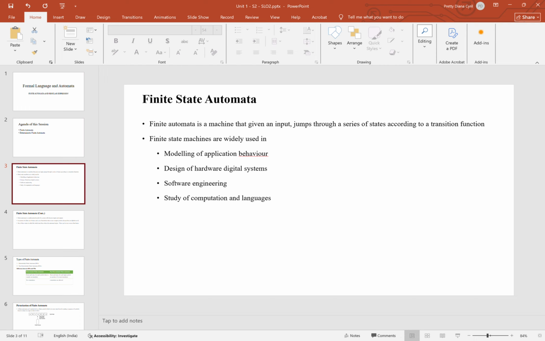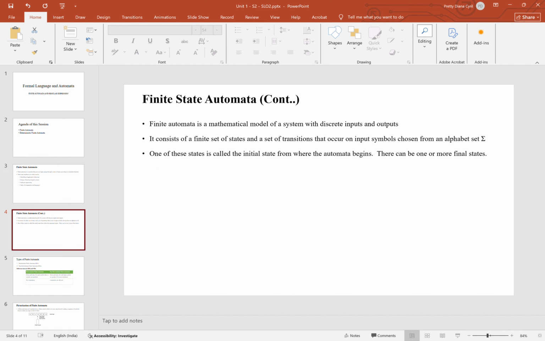So the finite state machines are widely used in modeling of application behavior, designing of hardware digital systems, software engineering, and study of computation and languages. And this finite automata is a mathematical model of a system with discrete input and output. At the same time, it consists of a finite set of states and a set of transitions that occur on an input symbol chosen from the alphabet set sigma.